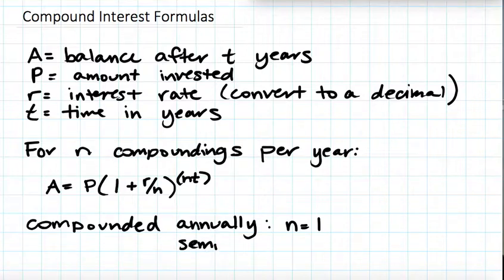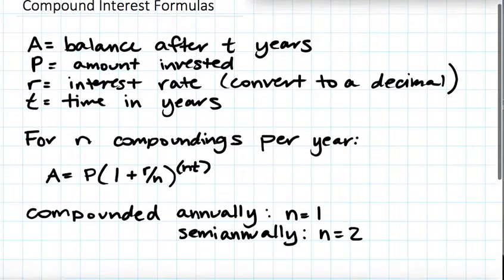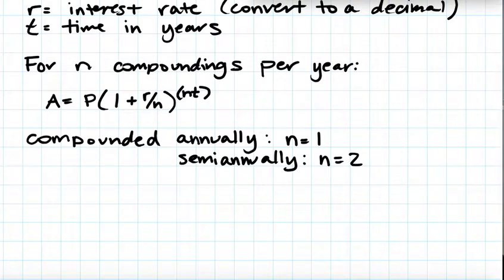So semi-annually means it happens twice a year. So N equals 2. We could have compounded quarterly. Quarterly is 4 times a year, every 3 months, so N equals 4.